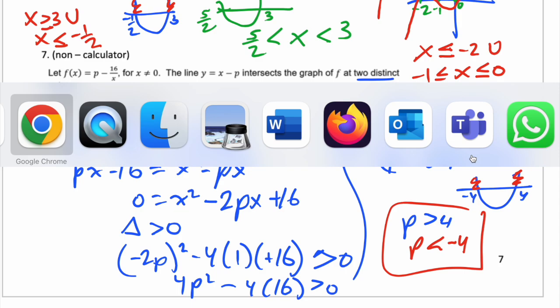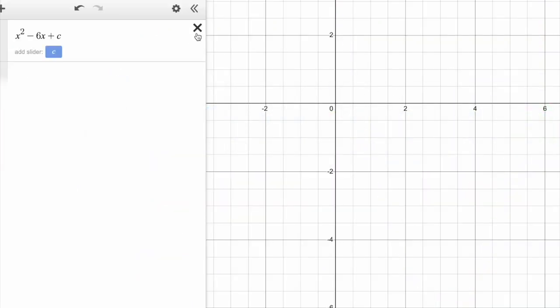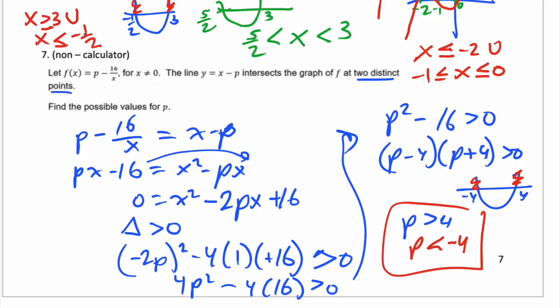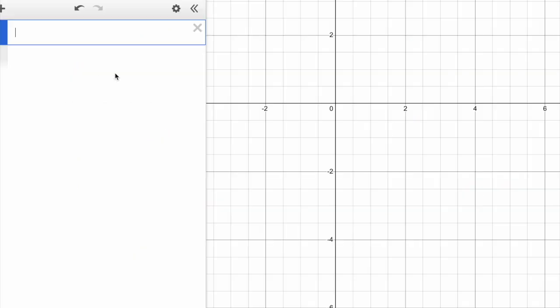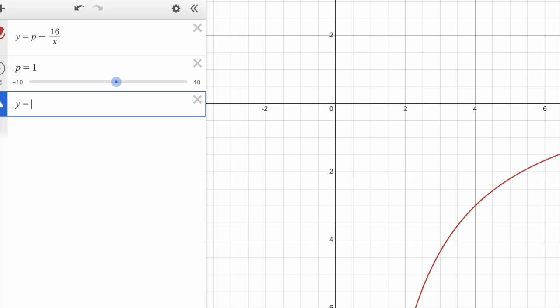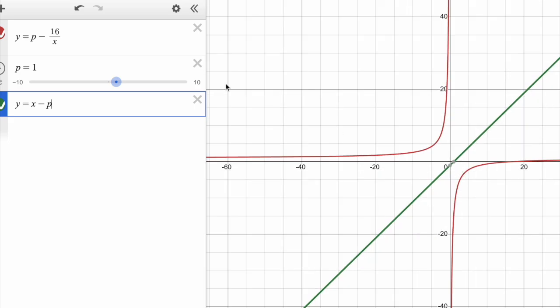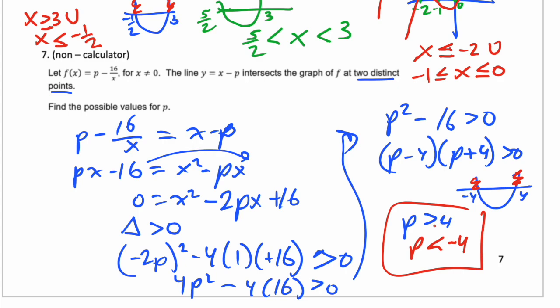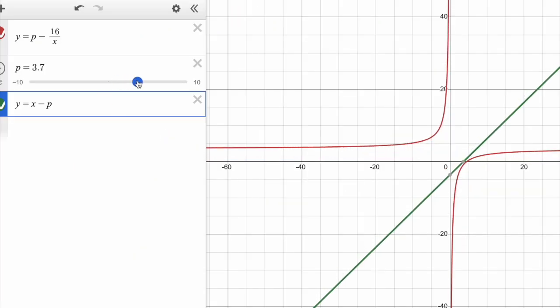It's always interesting to check that kind of stuff on Desmos. So y equals p minus 16 over x. Put in a slider for p, and then y equals x minus p. Right now there are no solutions here. But we said the solution is when p is greater than 4, so let's bump up p to 4.